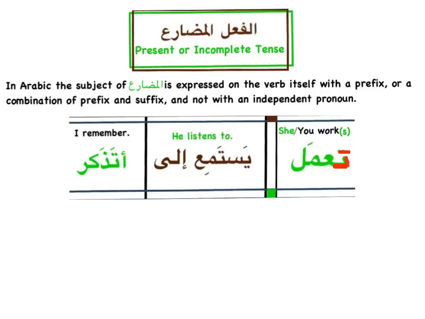The ya is the prefix for هو instead of an independent pronoun. Same for أنا أتذكر. Notice ألف. When you see the ألف, you know that the subject pronoun I is speaking in the sentence. So these are the prefixes that tell you what the subject is instead of having an independent pronoun.